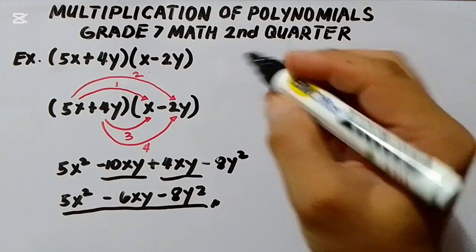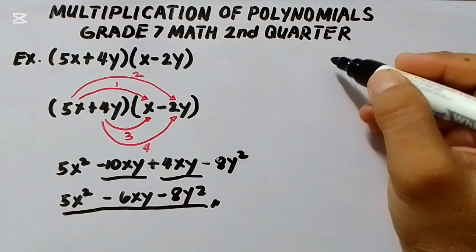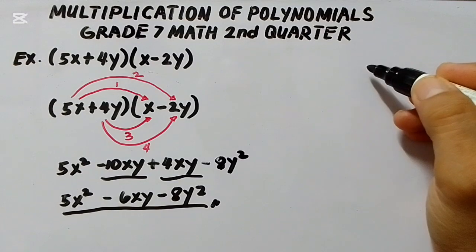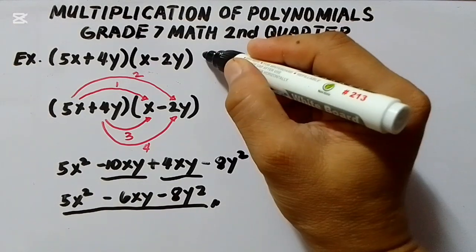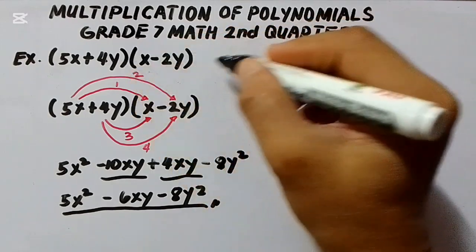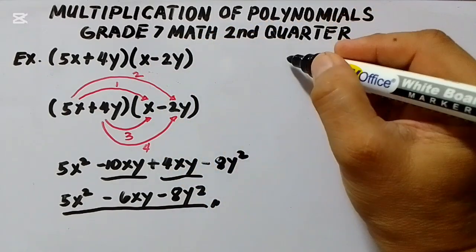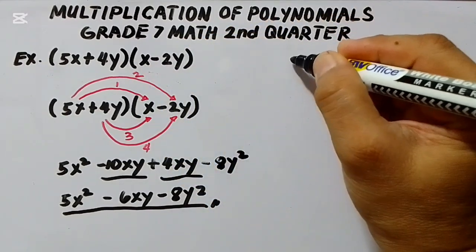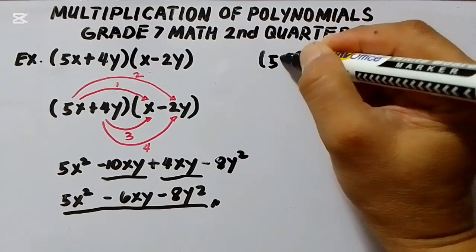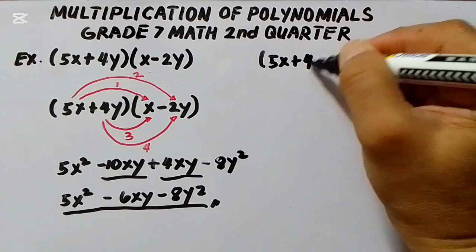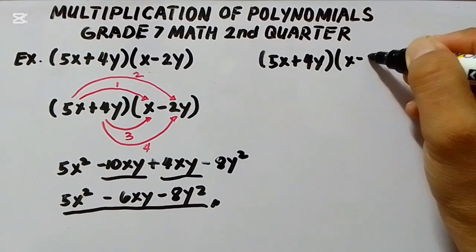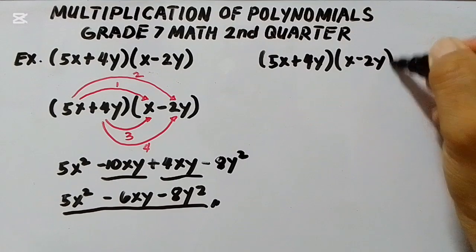Okay. So, let's apply the last method, our third method. Yun pong tinatawag nating distributive property. Okay, so i-apply natin po dito sa the same problem. So, i-copy po muna natin yung ating two polynomials. We have quantity 5x plus 4y times the quantity x minus 2y.